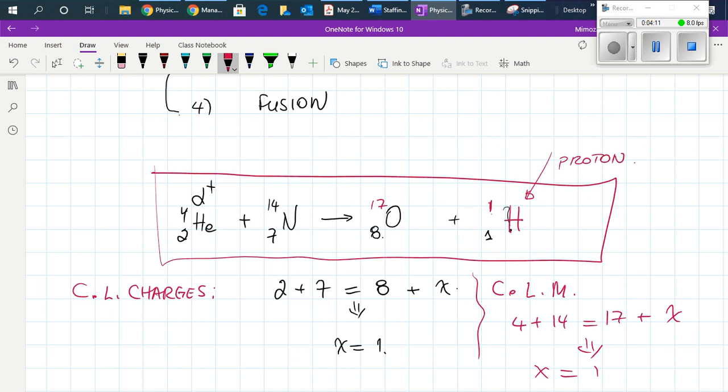Since the alpha particle is induced into the nitrogen, this is an example of induced nuclear transmutation.